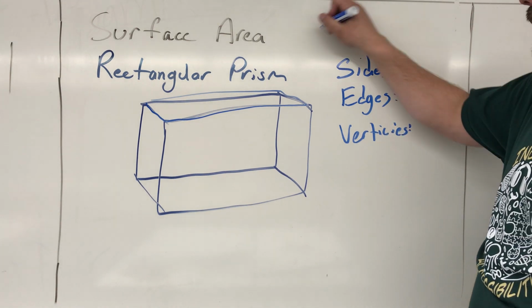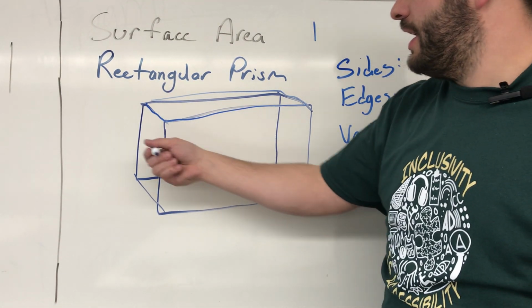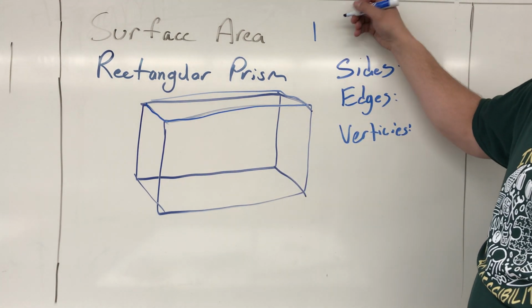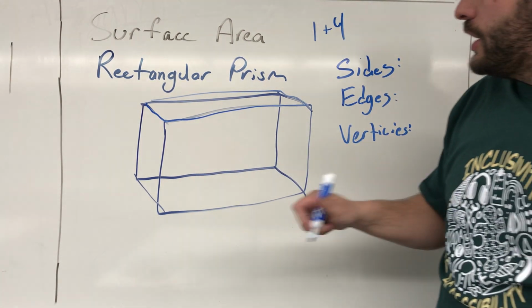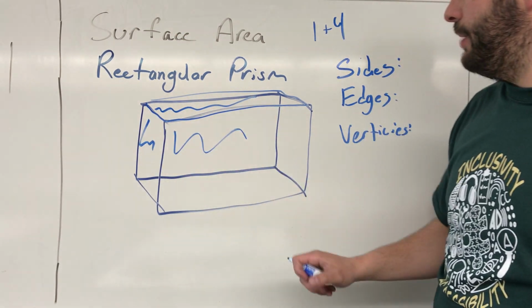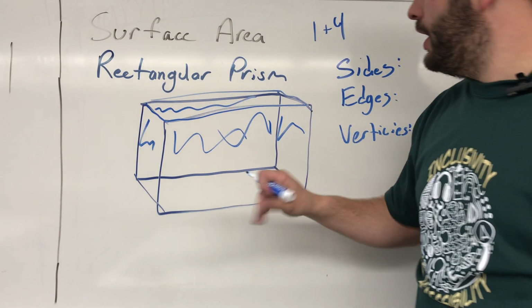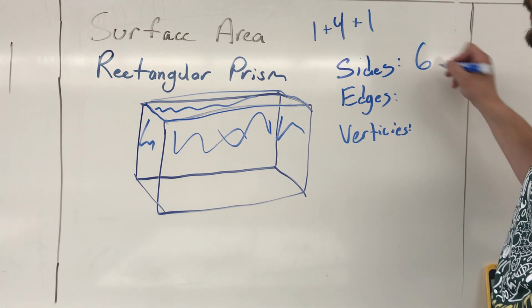Now we have the front, side, back, and the other side. So that gives us another 4. So right now we're at 5. Then we have the bottom that makes us have 6 sides.